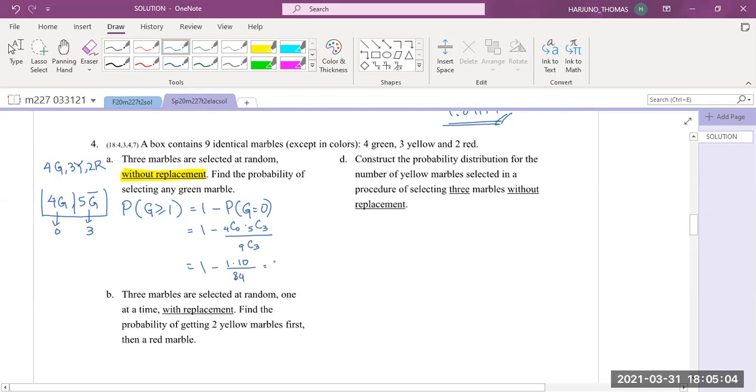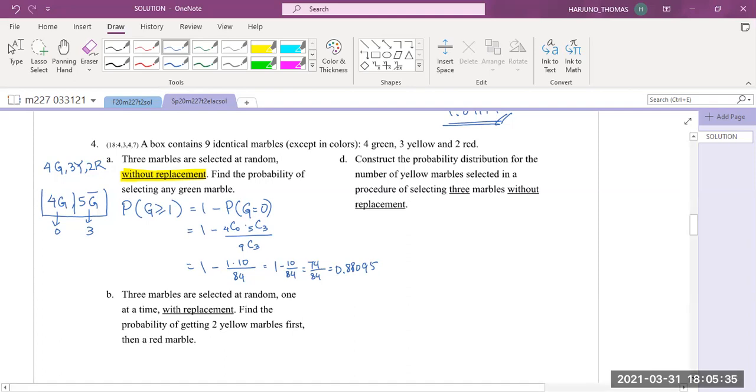So that's 1 minus 10 over 84. That's 74 over 84. I can actually just make it decimal. That's 0.88095. That's for part A.